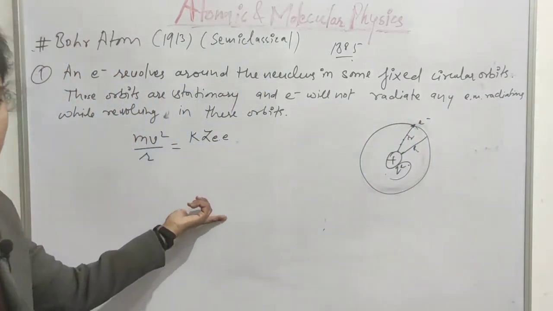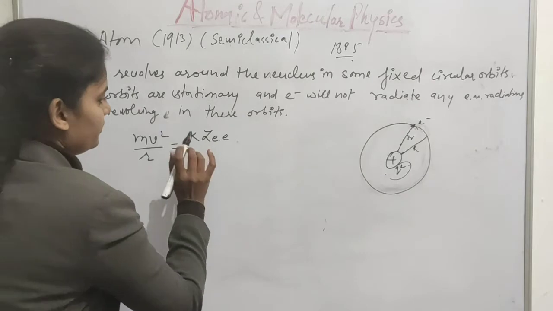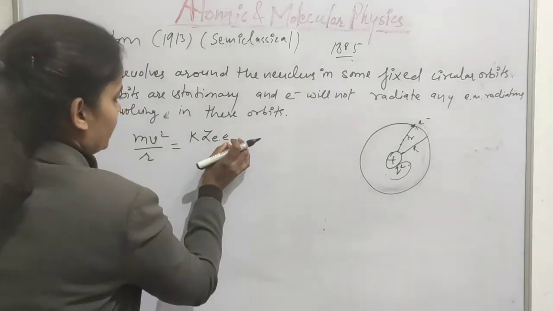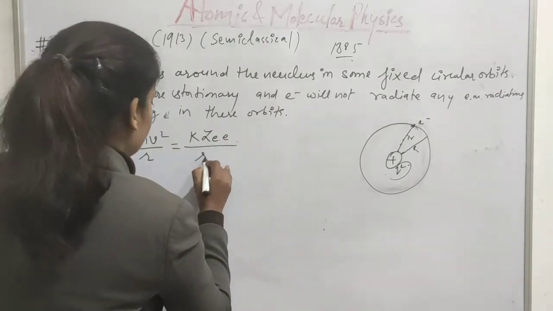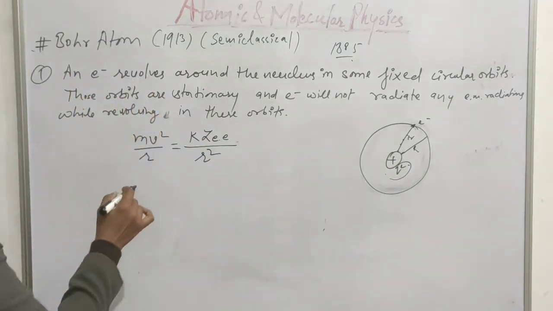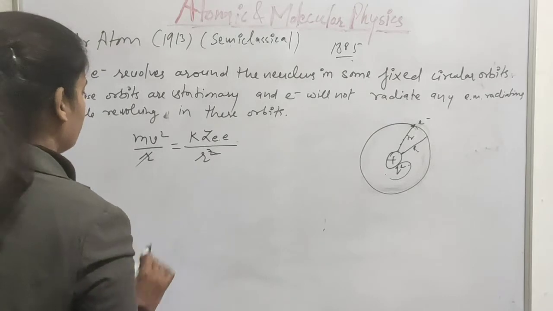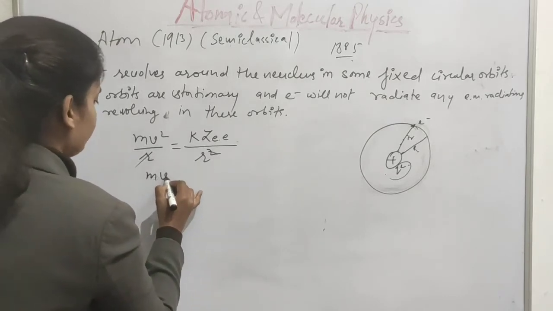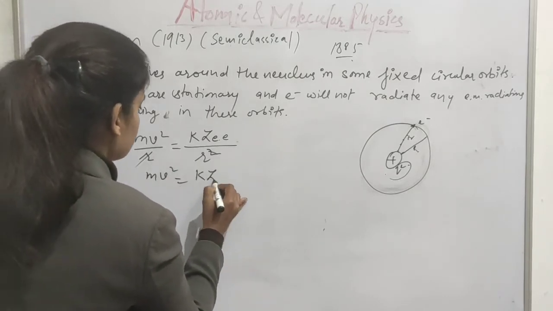Only the magnitude of force is taken, hence we ignore the sign on the charge of the electron. So we are left with this. Next, cancelling r from both sides, we are left with mv square equals kZe square by r.